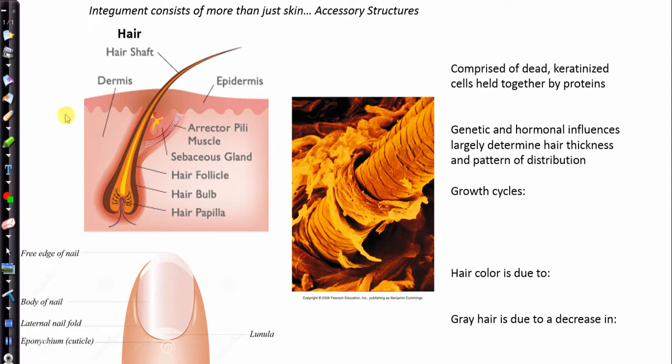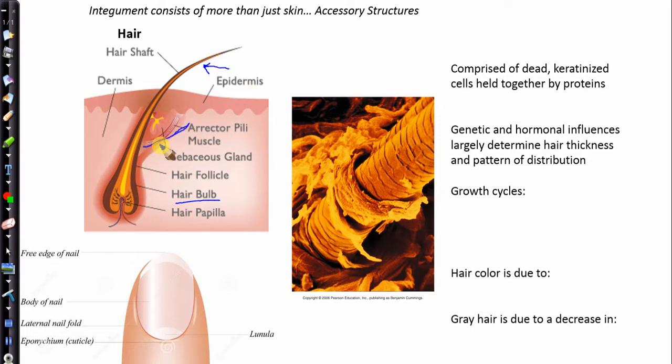And it's important to realize that the hair is not actually alive. The thing that we're seeing coming out the top is, again, dead keratinized cells. Down here you see the hair bulb, which is the cells that actually produce the hair to then grow through the follicle and stick out from the top of the epidermis.